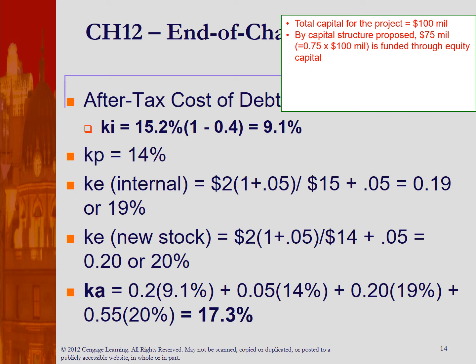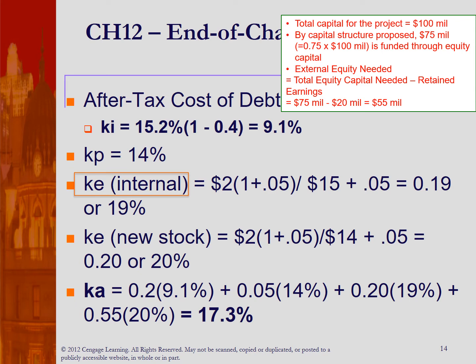Therefore, the external equity needed is calculated by total equity capital needed minus retained earnings, equal to $75 million minus $20 million, equal to $55 million. Consequently, we have to calculate both the cost of internal equity and the cost of external equity.